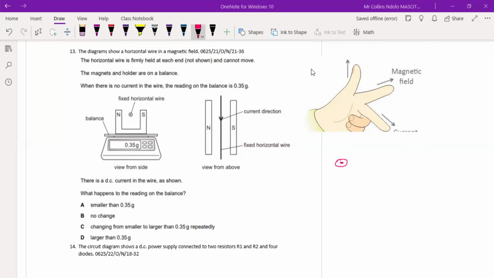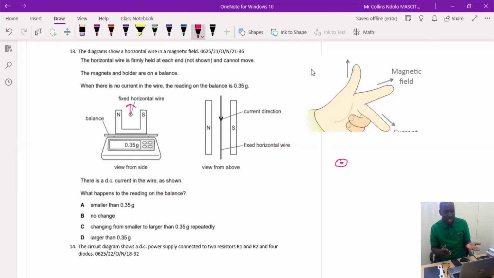Now we have confirmed there is a force acting upward on the conductor. And whenever there's a force acting upward, according to Newton's third law of motion, there will be a reaction force acting downward. So what does it mean? Remember, there is the weight of this magnet, which is already 0.35.